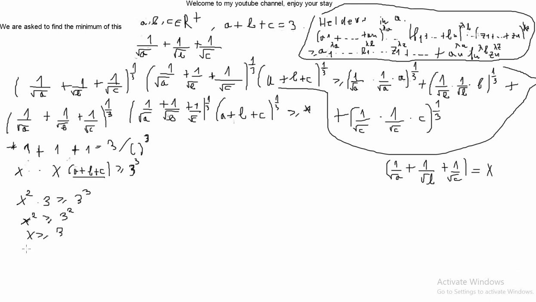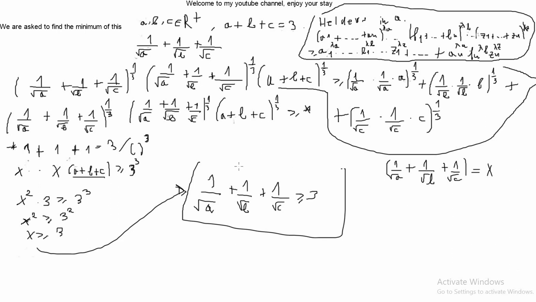And when we substitute our substitution back, the solution is 1 over square root of a plus 1 over square root of b plus 1 over square root of c is greater or equal than 3. And this is our answer.